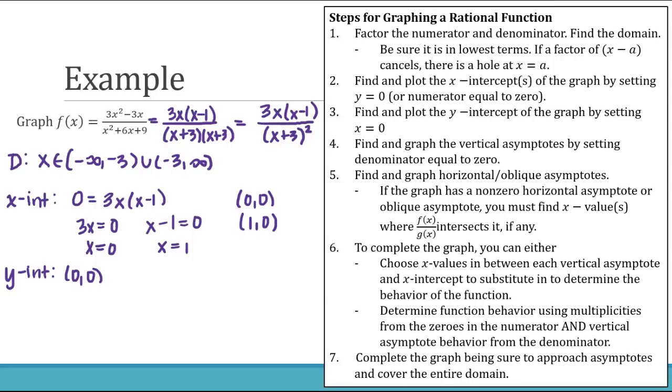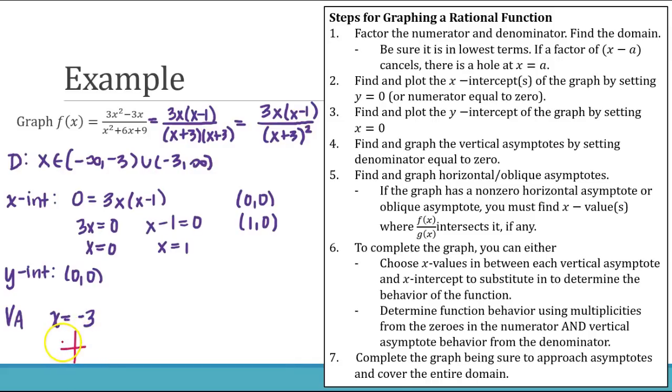And then we'll go ahead and find our vertical asymptotes by setting the denominator equal to 0. So our vertical asymptote is x equals -3, because that's the value that makes the denominator equal 0, as we remember from the domain. And let's go ahead and add on, because the multiplicity is 2, it's going to behave like 1 over x squared near that asymptote.